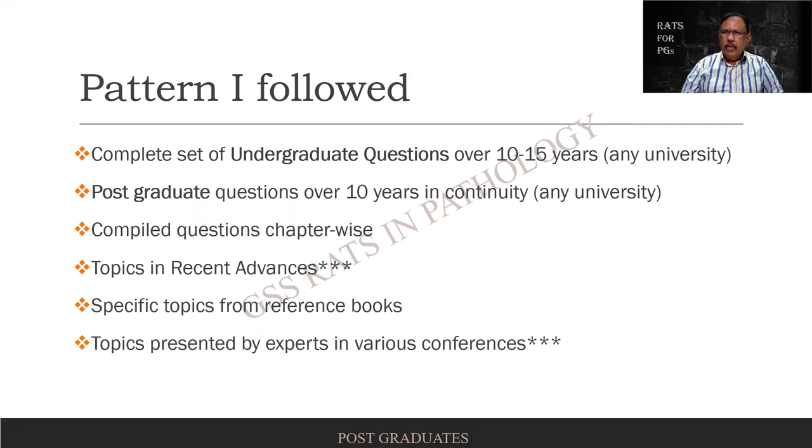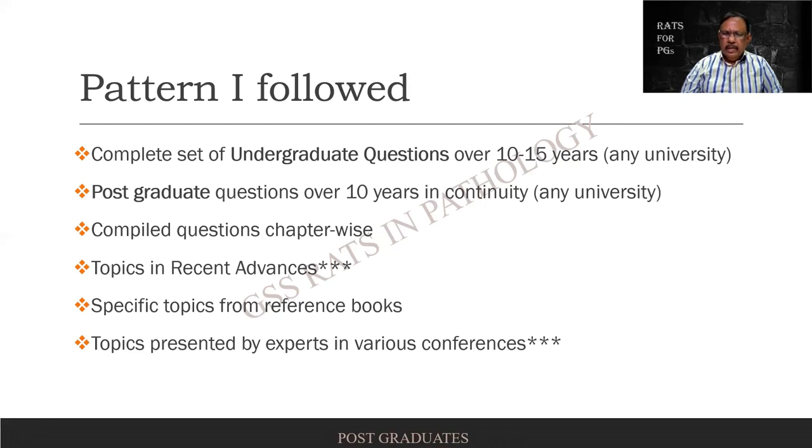Just mark it in your book as essay, short note, whatever it is. The topics in recent advances, again, you will have to label in your book as RA. That is because even the recent advances would have been covered in Robbins, but in a very concise manner.